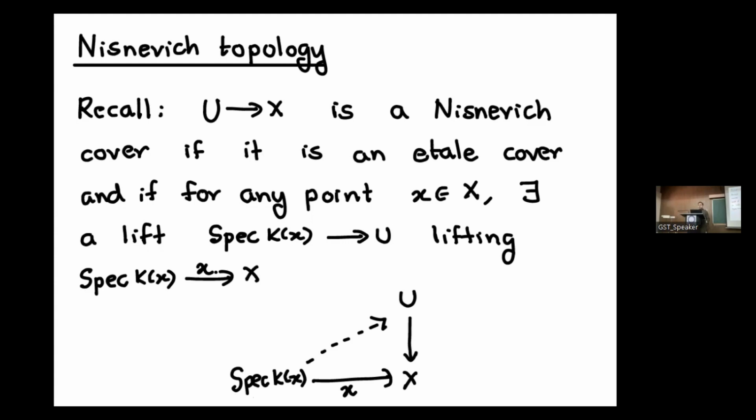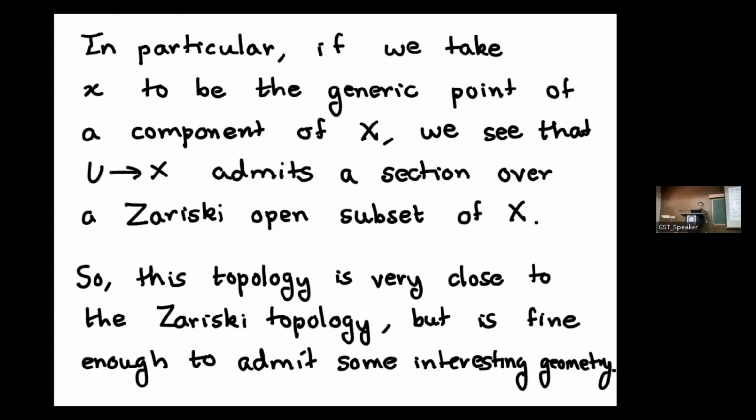That means X and U have an isomorphic open subset, a Zariski open subset, which is a very strong condition. In that sense, this is very close to the Zariski topology. The étale topology doesn't do this at all; it is much wider, but this is quite close to the Zariski topology.